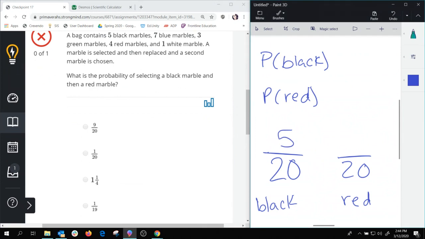And how many of them are red? 4, which means I would have a 4 out of 20 chance of choosing a red marble. Do you have questions on how I got either of these probabilities here, this 5 over 20 or 4 over 20?